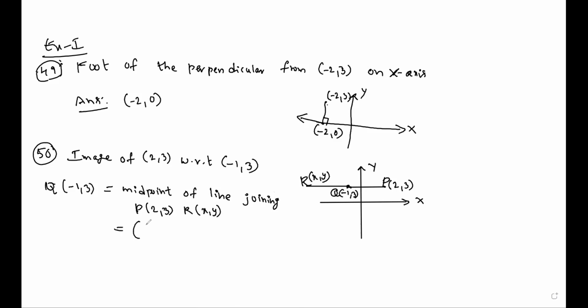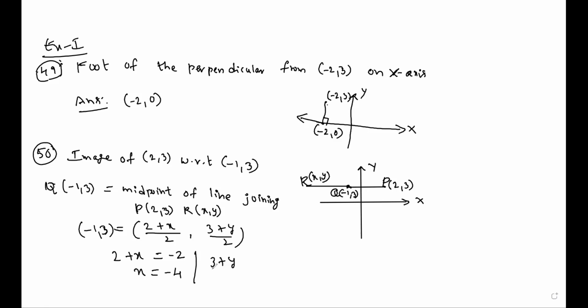We already know the midpoint formula, x1 plus x2 by 2 comma y1 plus y2 by 2. Comparing with the left side, minus 1 comma 3, first the x coordinate: 2 plus x by 2 equals minus 1. Cross multiplying, minus 1 into 2 is minus 2, so sending 2 to that side, x is minus 4.